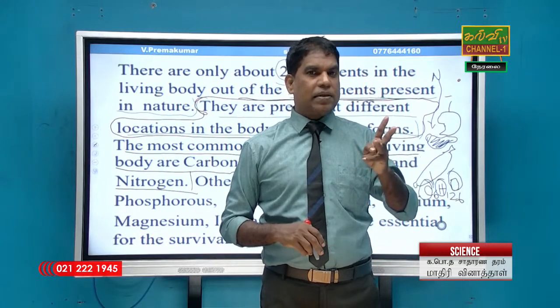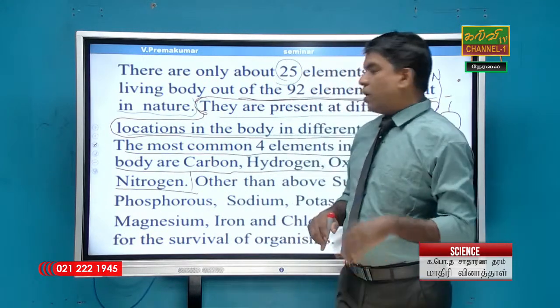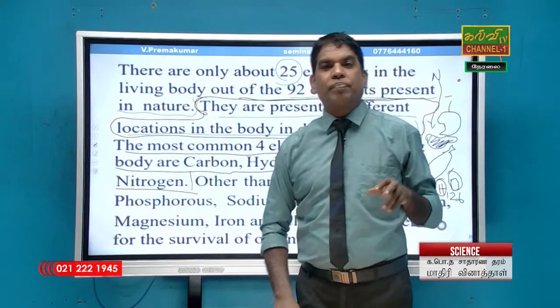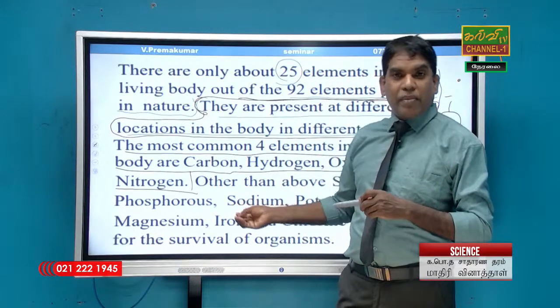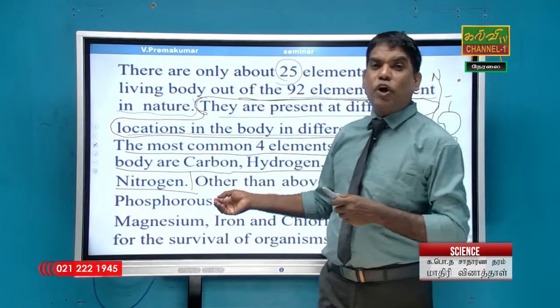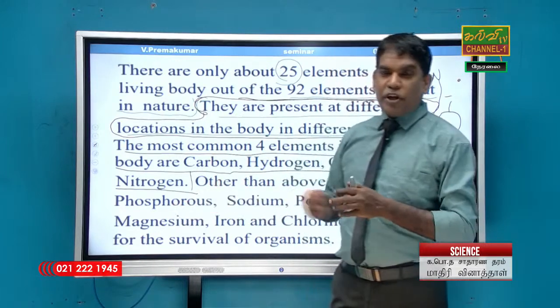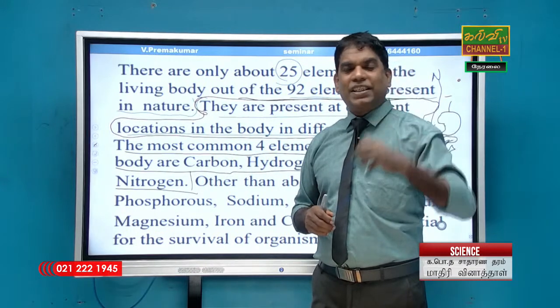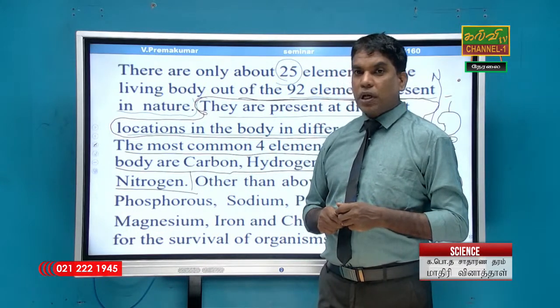Other than those, sulfur, phosphorus, sodium, potassium, calcium, magnesium, iron and chlorine are essential for the survival of organisms. Actually, students, they have mentioned certain elements here, but they missed to indicate zinc also. We know the 4 elements are important, and the other 21 elements are essential too.